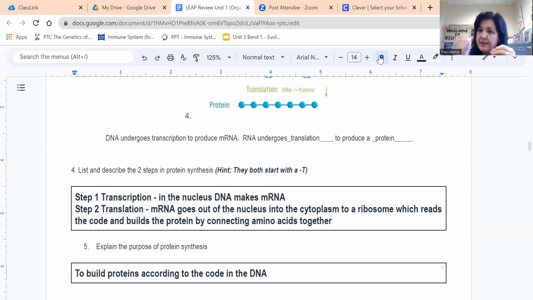Certain amino acids have to go together in the right order, and then the protein will fold into a distinctive shape. And if anything goes wrong in that process, then the protein will not work correctly. And so it's very important that the code is read correctly and the protein is built the way it's supposed to be built.